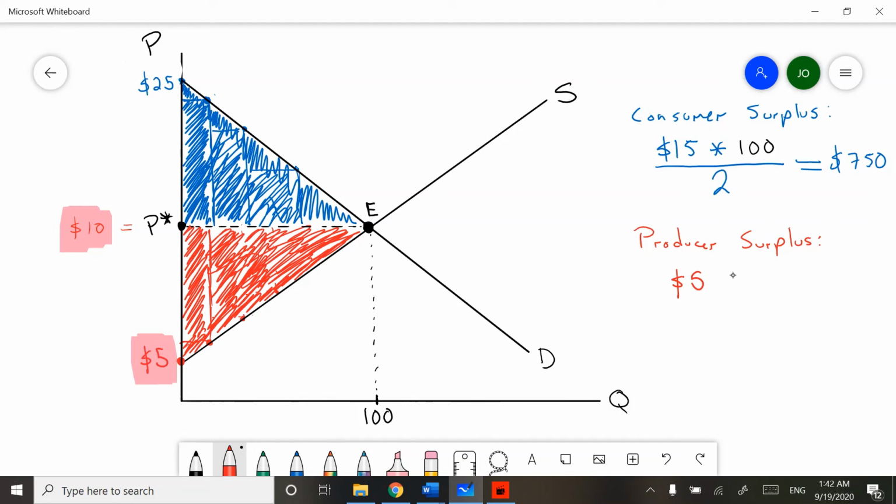And I'm going to multiply that times the base. The base now is from this red point to the equilibrium. Again, the base is going to be the same for both examples.